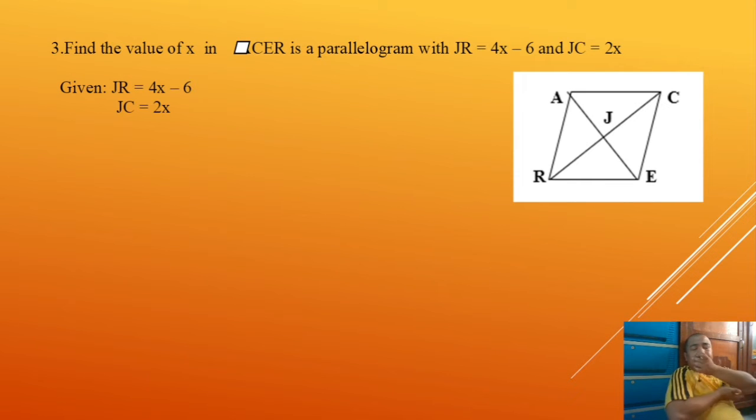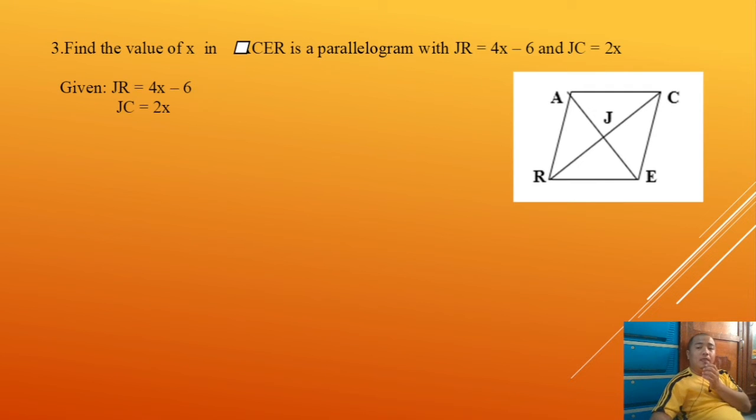Next, number 3: find the value of x in the parallelogram, with JR equal to 4x minus 6 and JC equal to 2x.